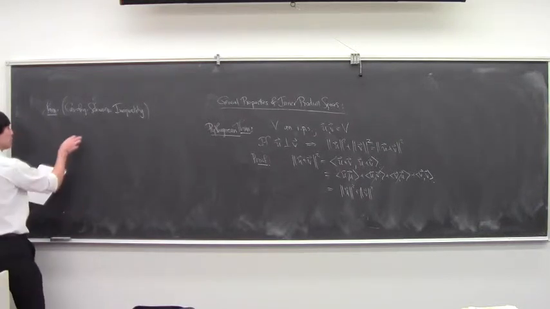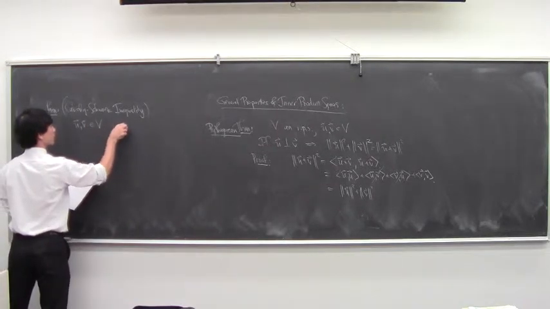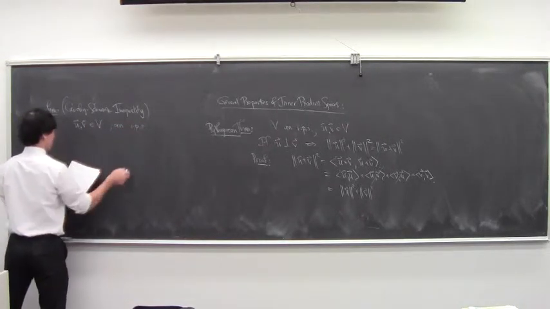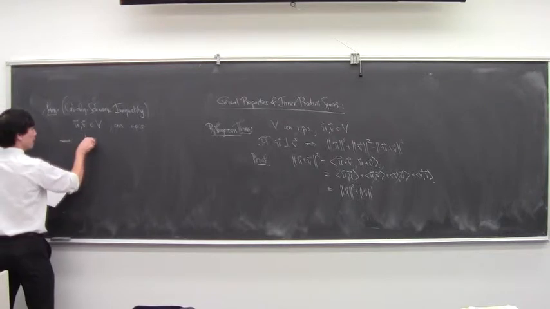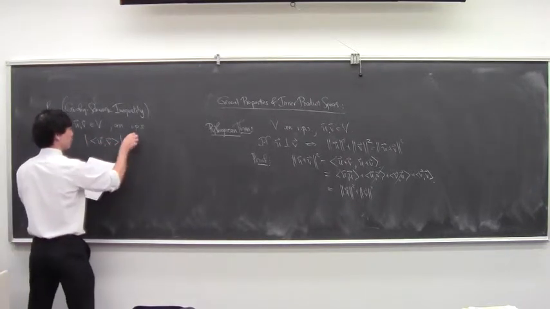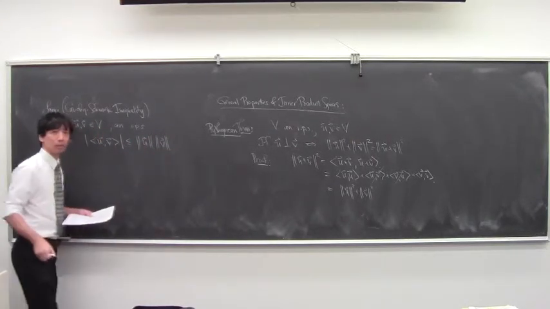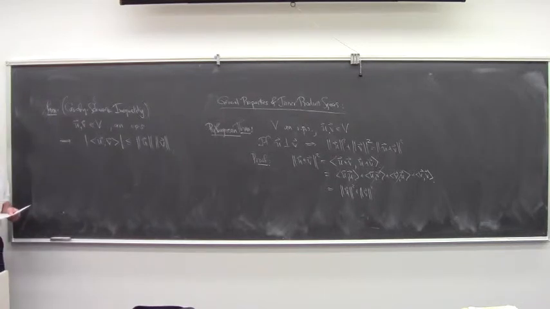Remember what the Cauchy-Schwarz inequality said: if you have two vectors, then the magnitude of the dot product is less than or equal to the product of the magnitudes. That's the Cauchy-Schwarz inequality. Does anyone remember how we got it? You use the dot product being the magnitude of one, the magnitude of the other, and cosine theta.